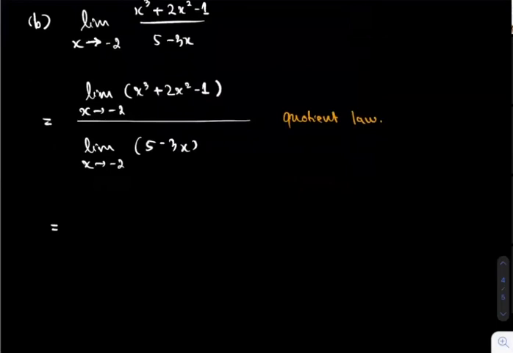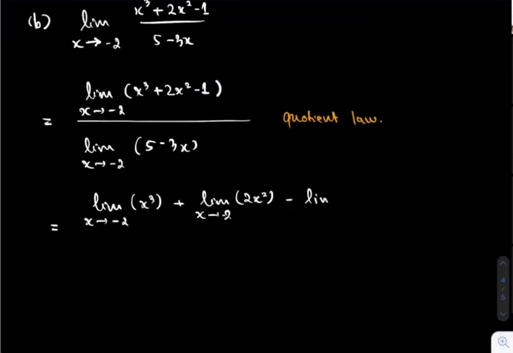So on the numerator, you can write limit of x cubed as x approaches negative 2, plus limit of 2x squared as x approaches negative 2, minus limit of 1 as x approaches negative 2. So that is the numerator.